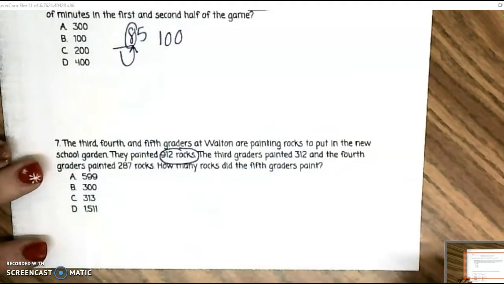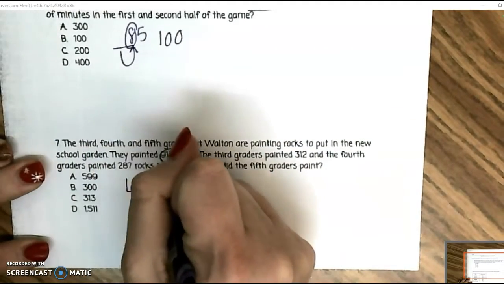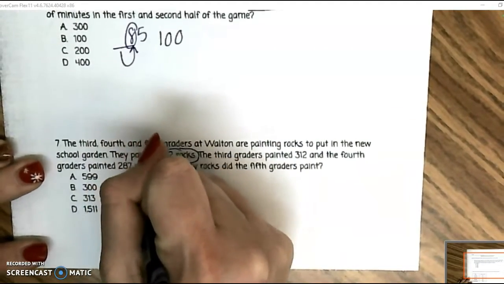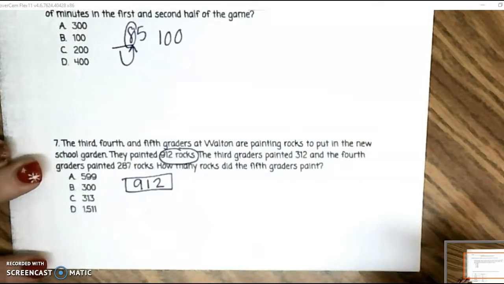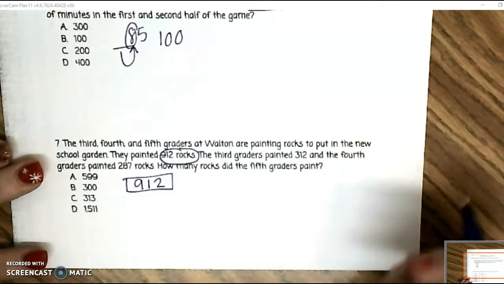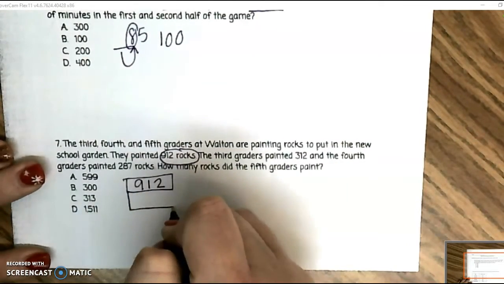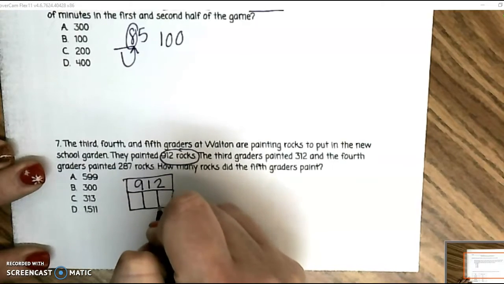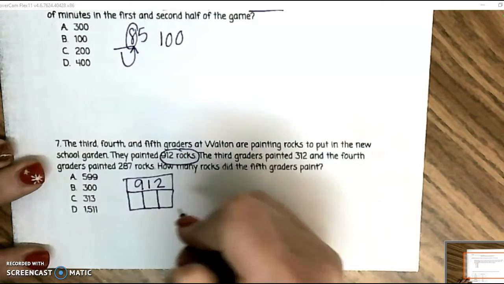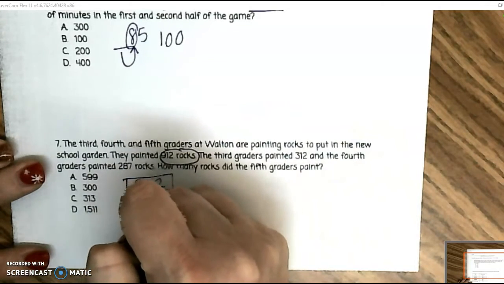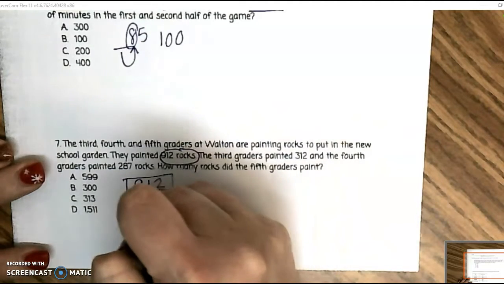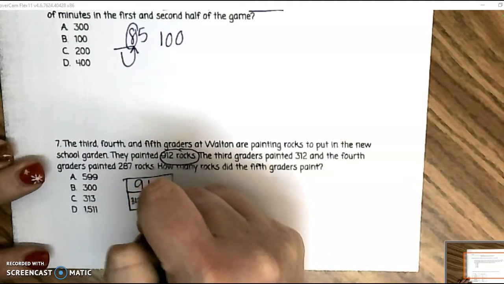Altogether, the 3 grades painted 912 rocks. So the whole is 912. And it was 3 grades that painted it, so I'm going to break up my whole into 3 parts. The 3rd graders painted 312, and the 4th graders painted 287.